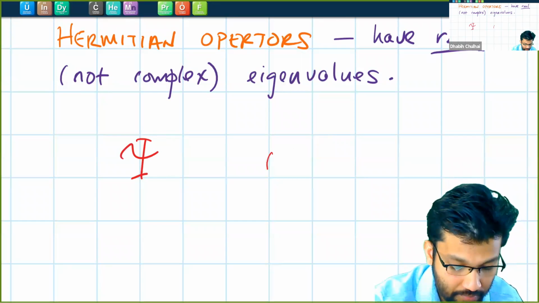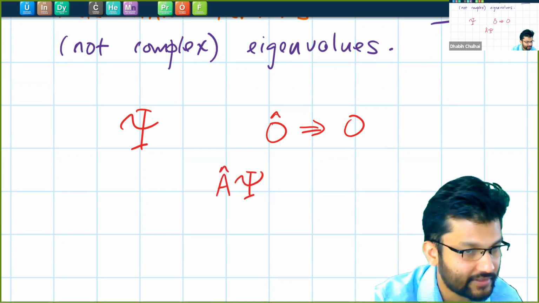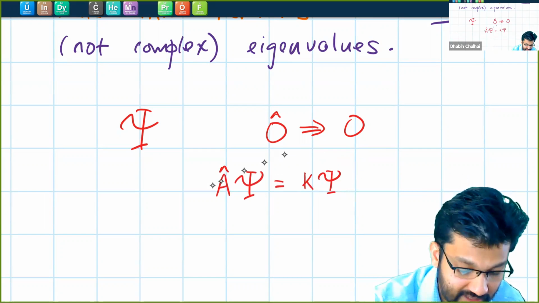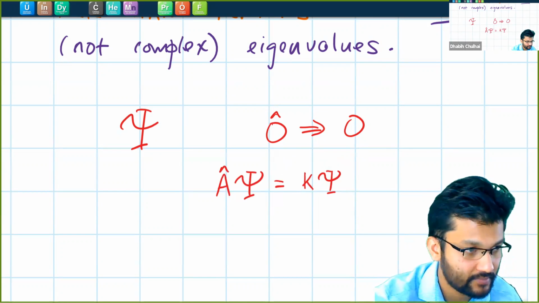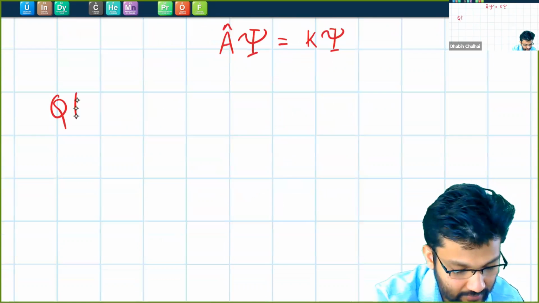We have operators that correspond to some real observable, and we have eigenvalue systems where if we apply some operator on some function, let's call it the wave function, why not, we return some constant times the same wave function. If this does not happen, then it's not an eigenvalue equation. Make sense?